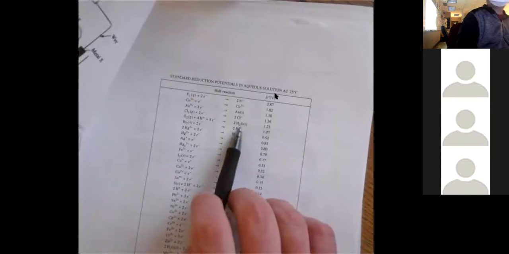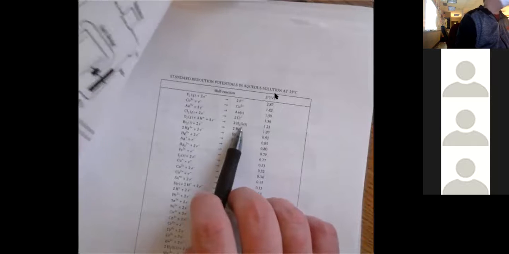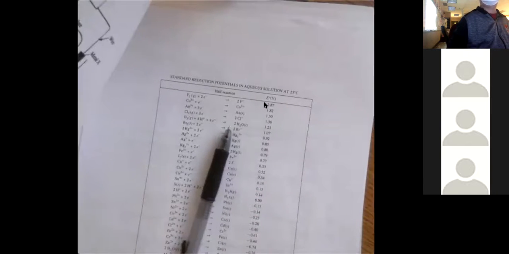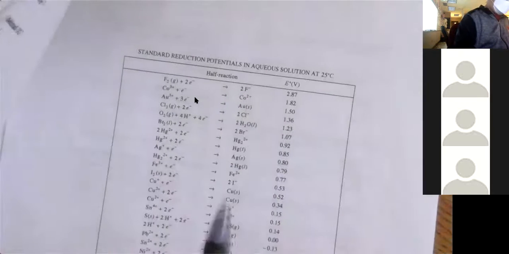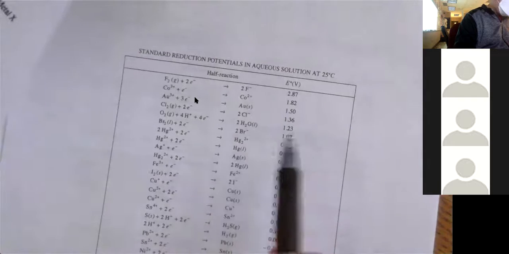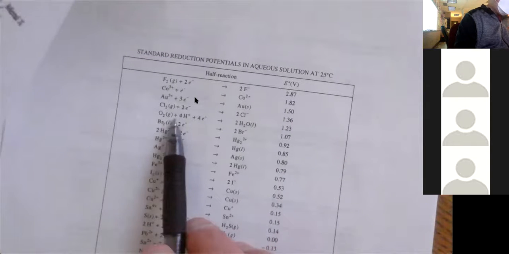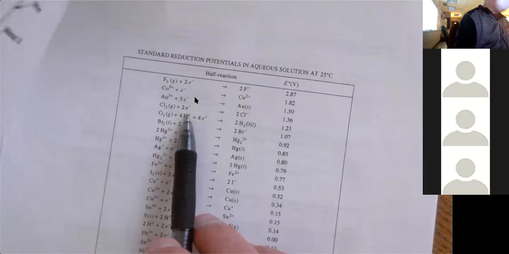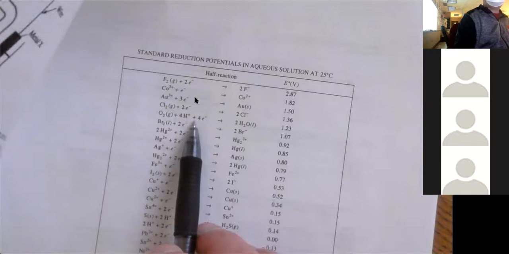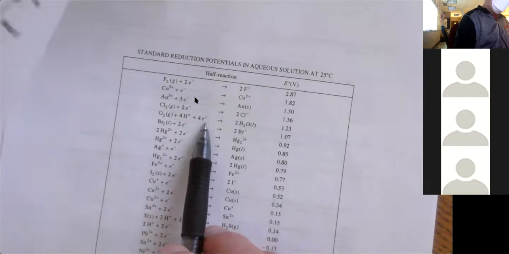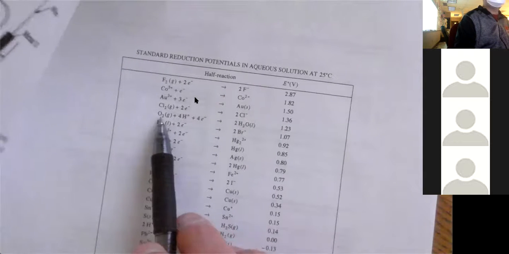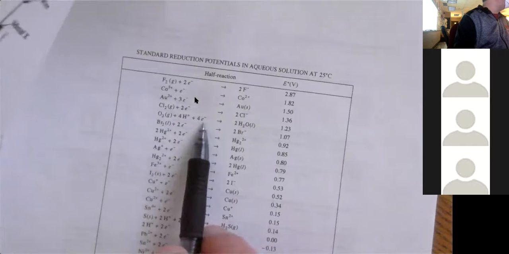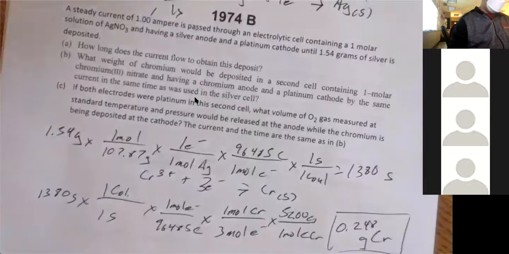So if we come up here, we've got 2H2O yields O2 plus 4H plus. How many electrons is that going to be per mole of O2? For every 1 mole of O2, it takes 4 moles of electrons.